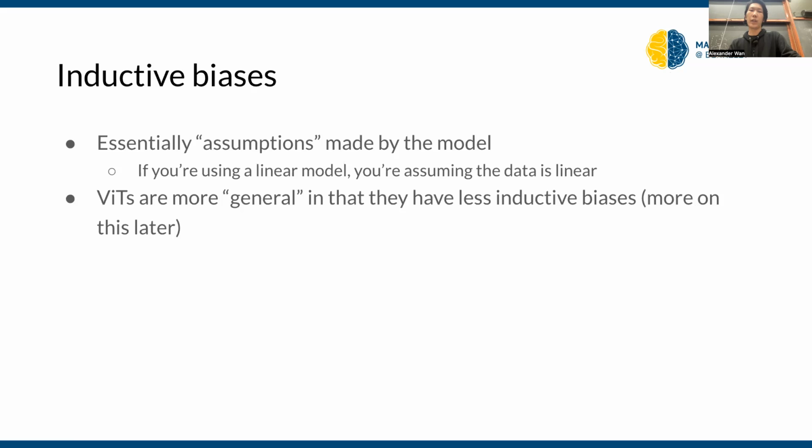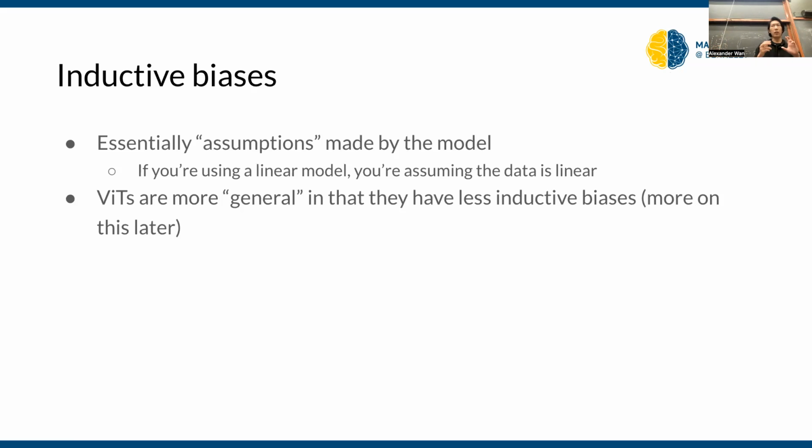So, a quick aside on this term inductive biases that we'll probably be using a lot. They're essentially assumptions that you make by choosing some model, right? So if you choose, for example, a linear model, then you're assuming that your data is linear, right? If your data is not linear, then your linear model is not going to work really well, right?